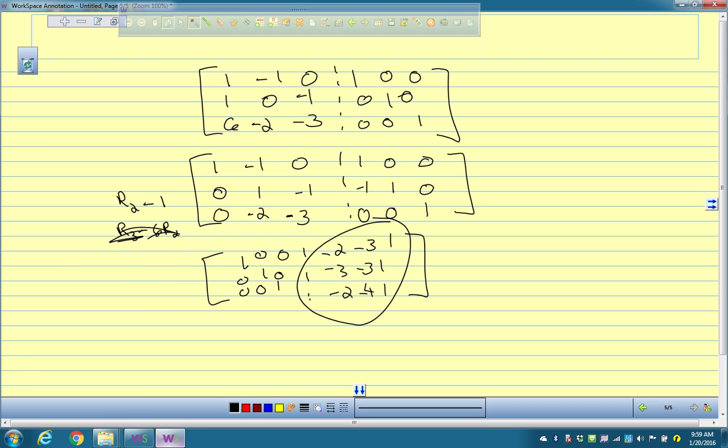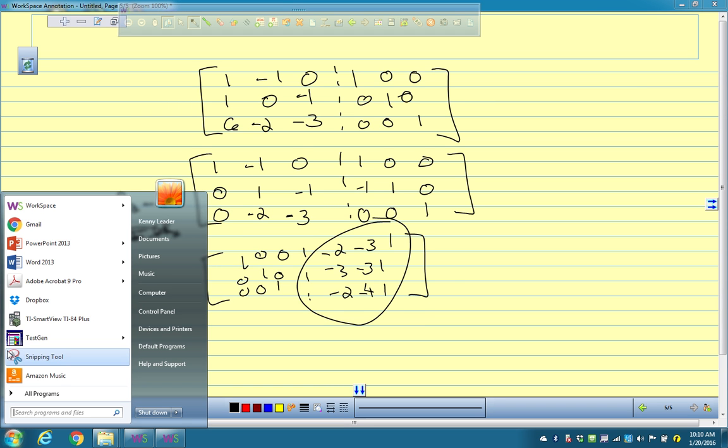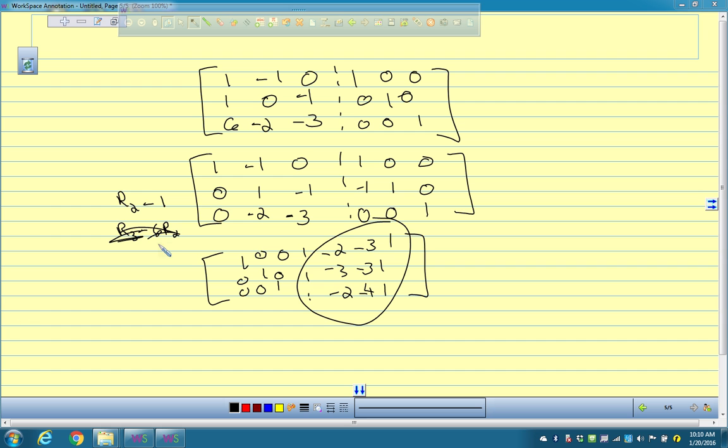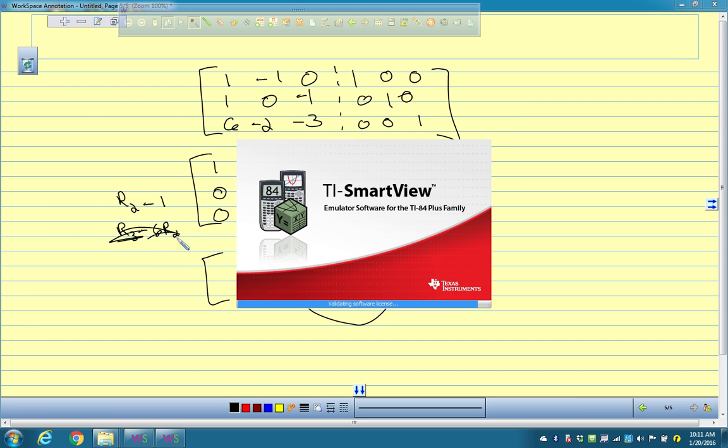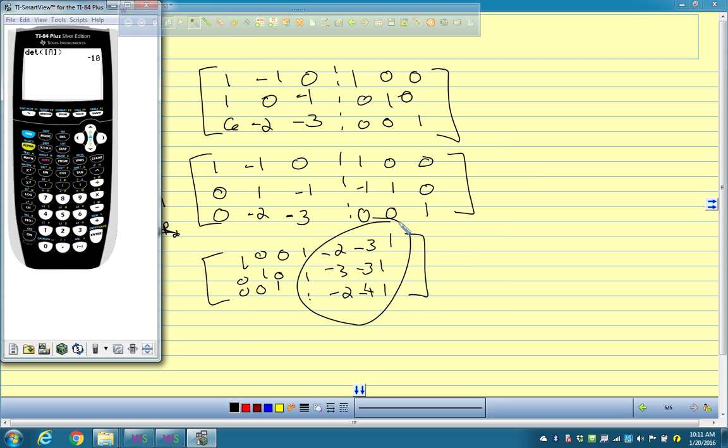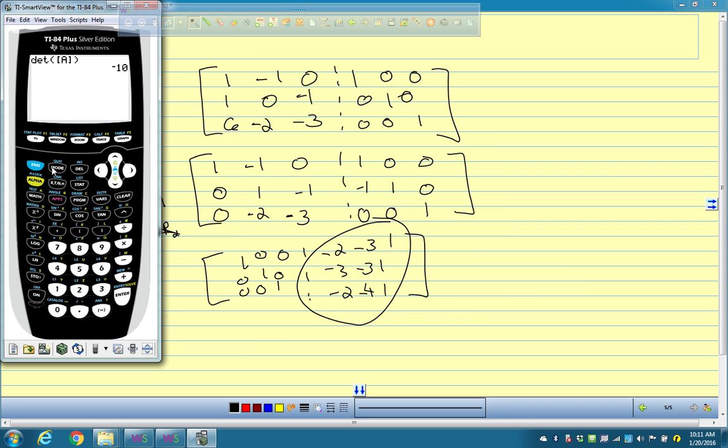With your calculator, you go to second matrix. I'm going to edit it, and change that to a 3 by 3 matrix.